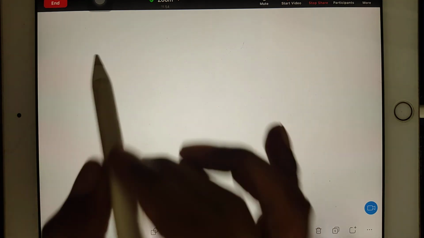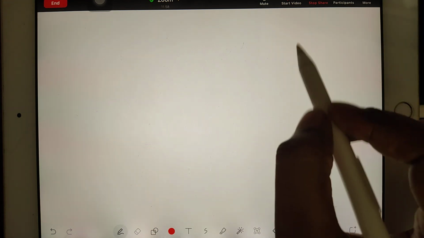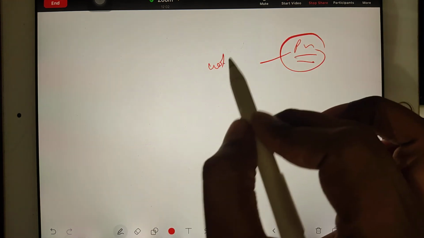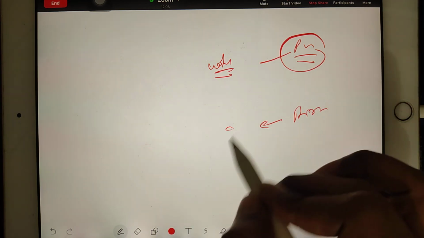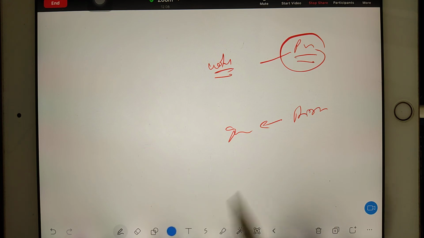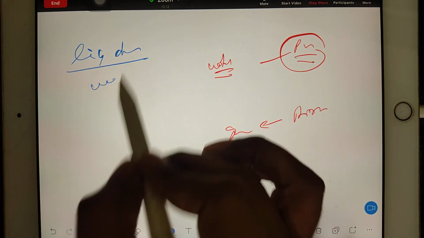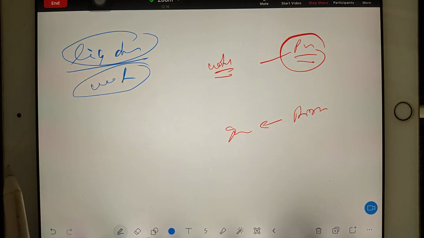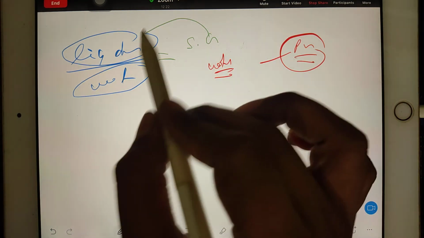When we talk about density in practical situations, for liquid we consider water as the standard liquid, and we consider air as the standard gas. So whenever we divide any liquid's density by water density, our new answer becomes the specific gravity of that liquid.